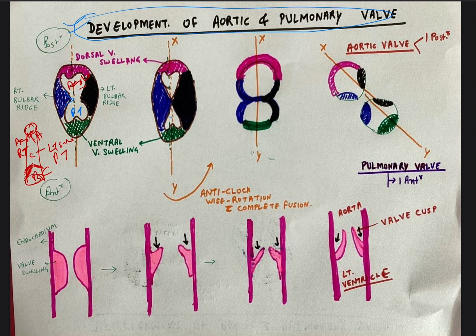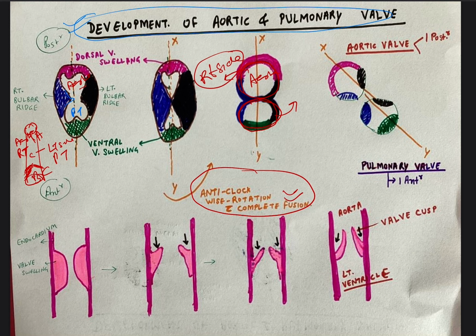So this anterior part has to shift to the left side, while this posterior part, which has the aorta, has to shift to the right side. This happens via anti-clockwise rotation after complete fusion. This anti-clockwise rotation bifurcates it from the mid part like this, and both these valves take their definitive position.